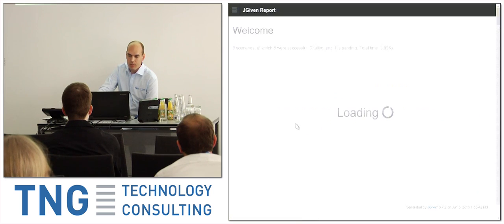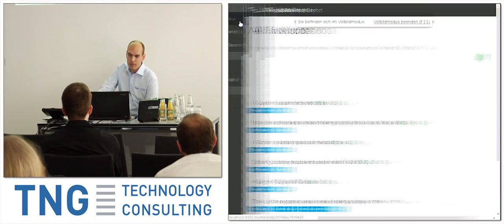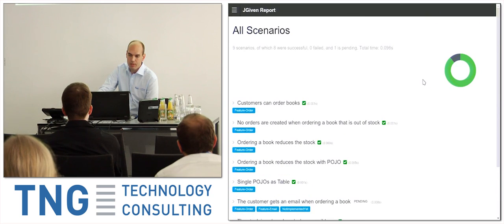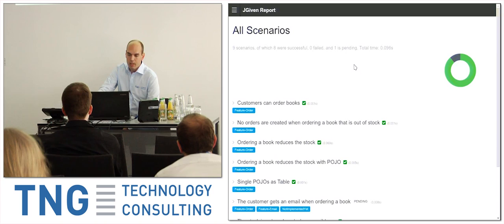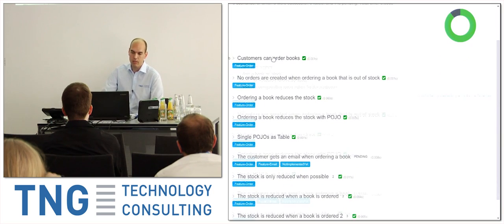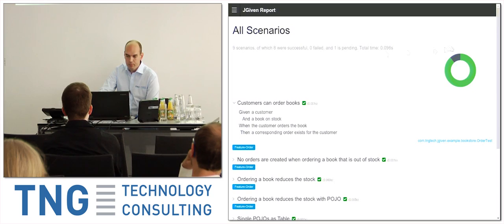You can also have tags here. For example, if you have features like the feature order, you have tags. You can click on the tags, and then you get a list of all the scenarios that belong to that feature. Often you have also tags like story numbers or issue numbers or something like that, so that you can organize your scenarios by that.